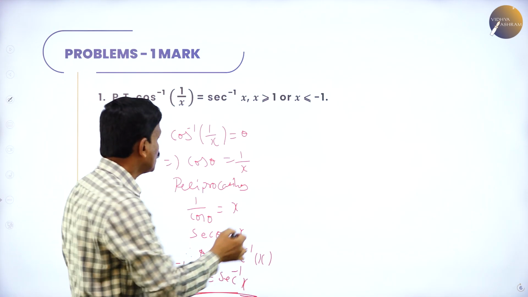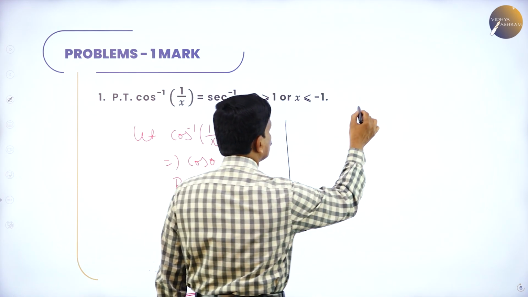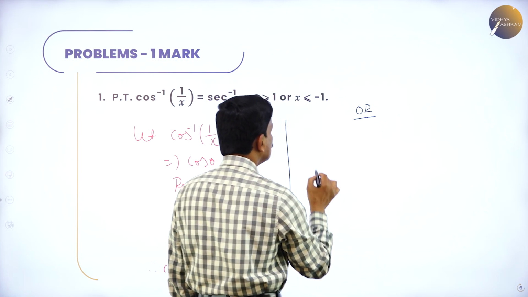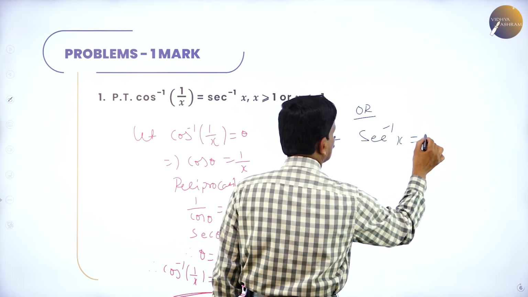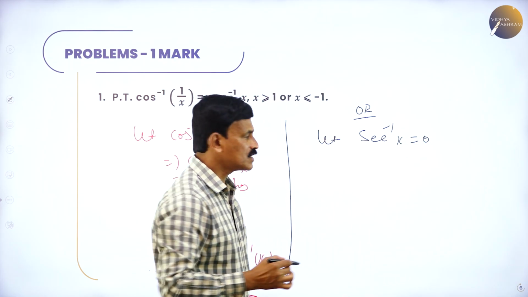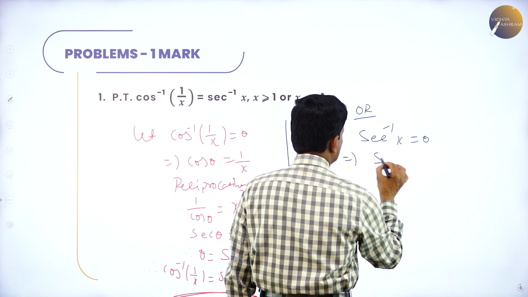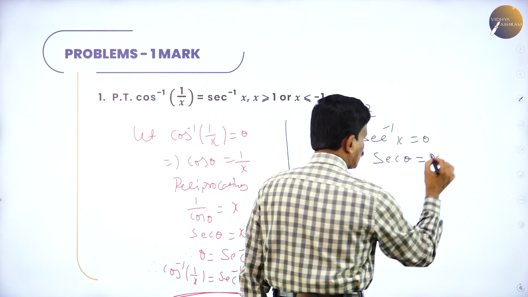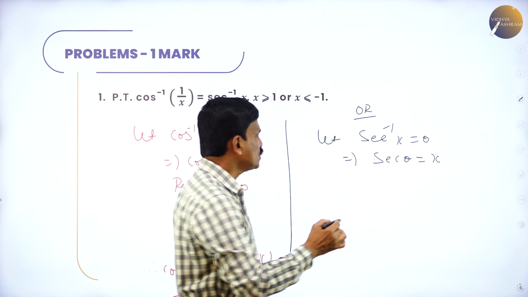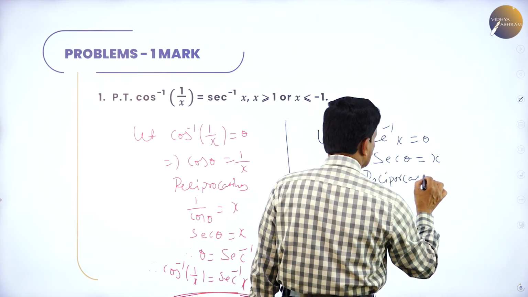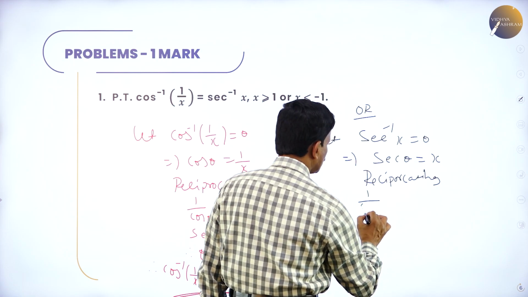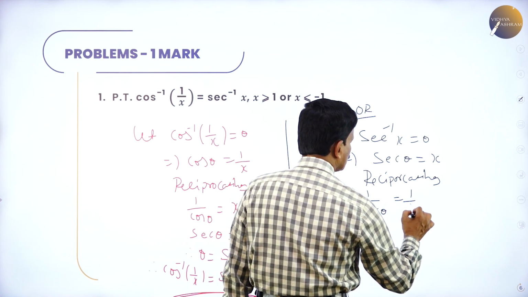Or we can also do it like this. I will write here the second method. Let secant inverse x be equal to theta, which implies secant theta is equal to x. Now, reciprocate this. Reciprocating, what will you get? 1 by secant theta is equal to 1 over x.